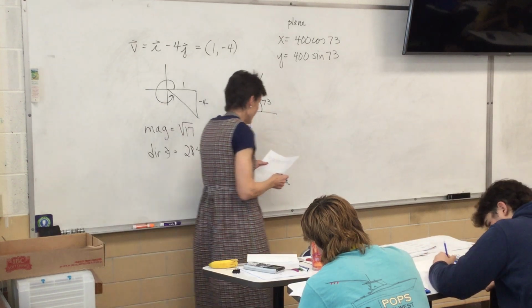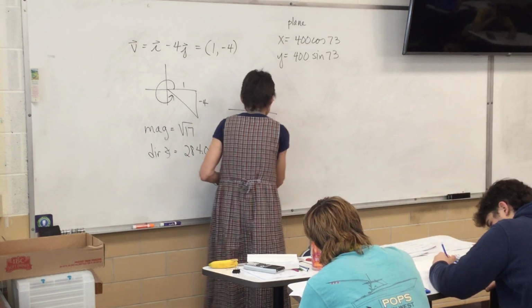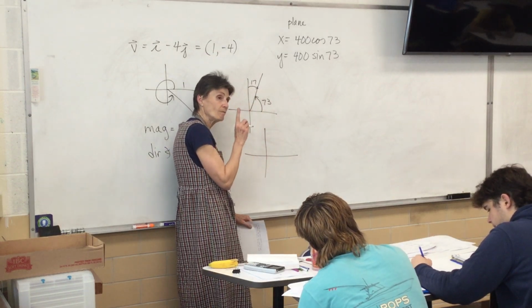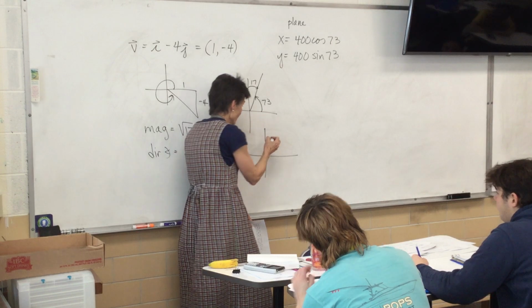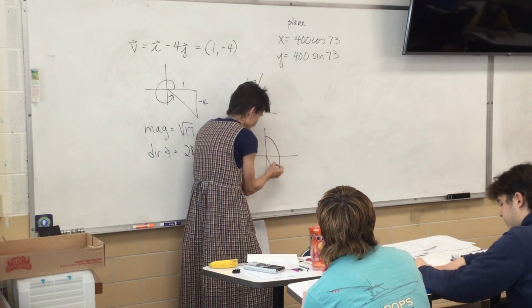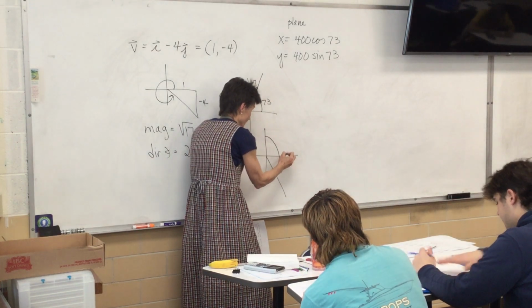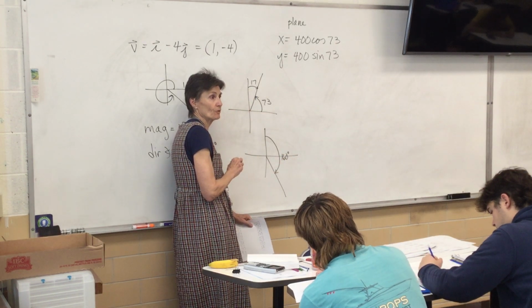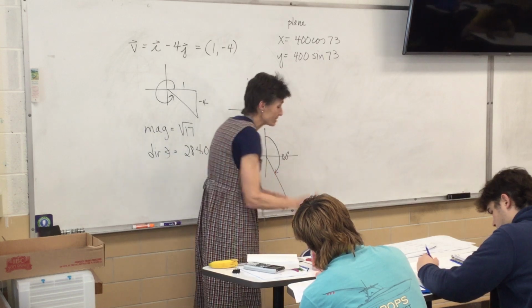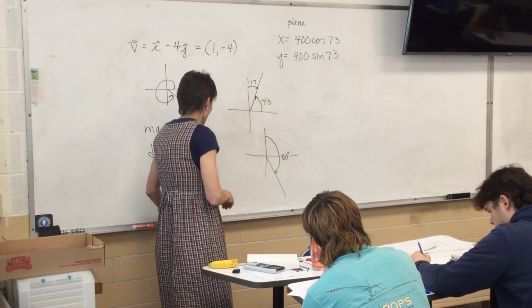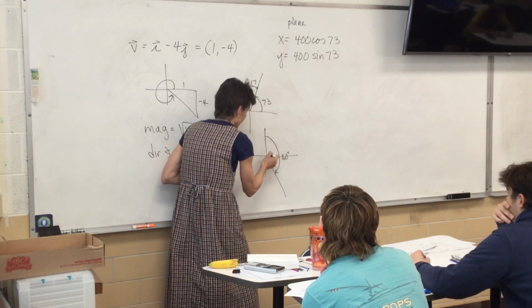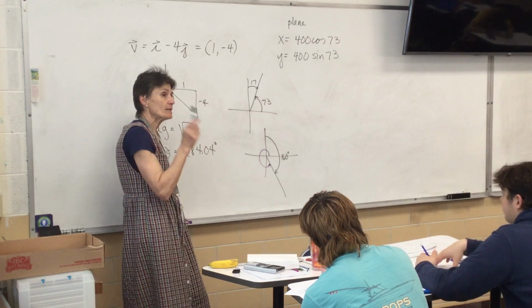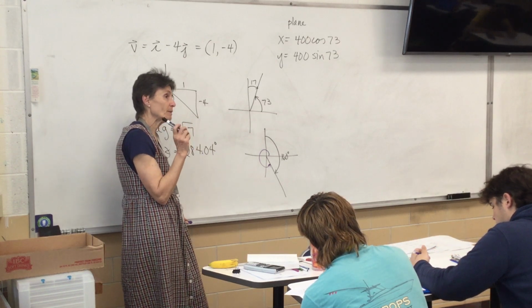Now, the wind is on a course of 160. Now be careful, a course of 160 means this, doesn't it? Would you agree? Theta is not 160. Theta is this. Theta is your angle in standard position.